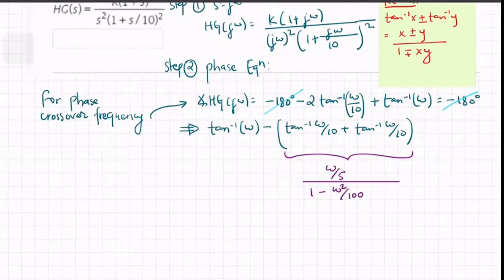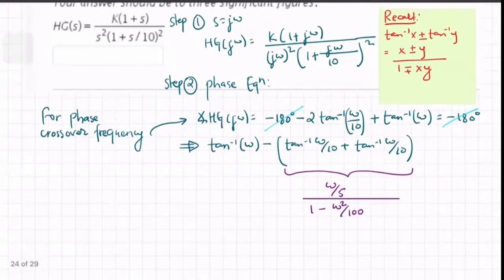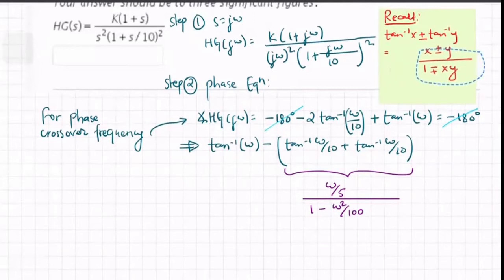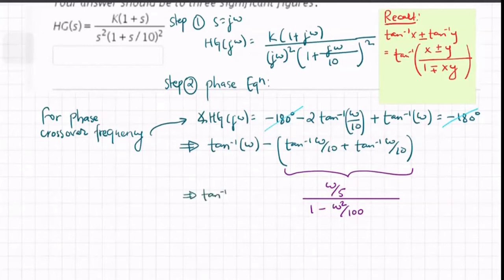And here I have tan inverse omega. This formula is going to give tan inverse of that whole expression. So I have tan inverse of omega minus tan inverse of the whole expression. Now this is my x, and the whole thing is my y.